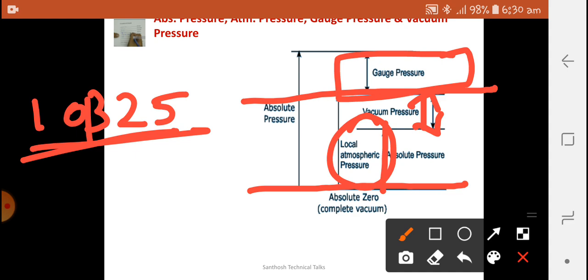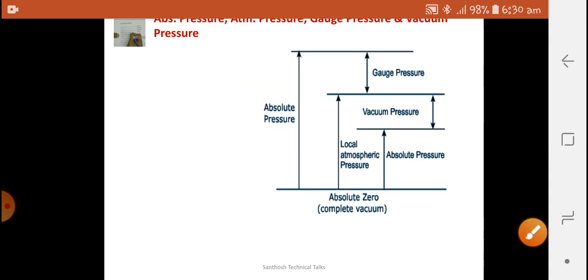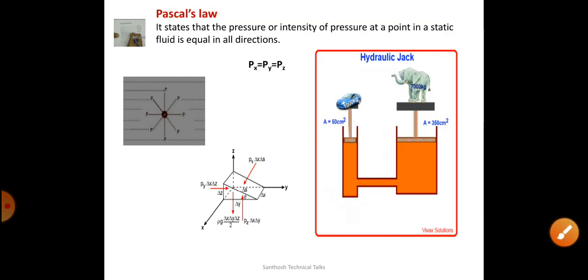Those instruments we can illustrate in the next slide. The atmospheric pressure plus the gauge pressure is equal to the absolute pressure. Therefore, the local atmospheric pressure minus vacuum pressure gives the absolute pressure. I hope you are clear about the different types of pressures.